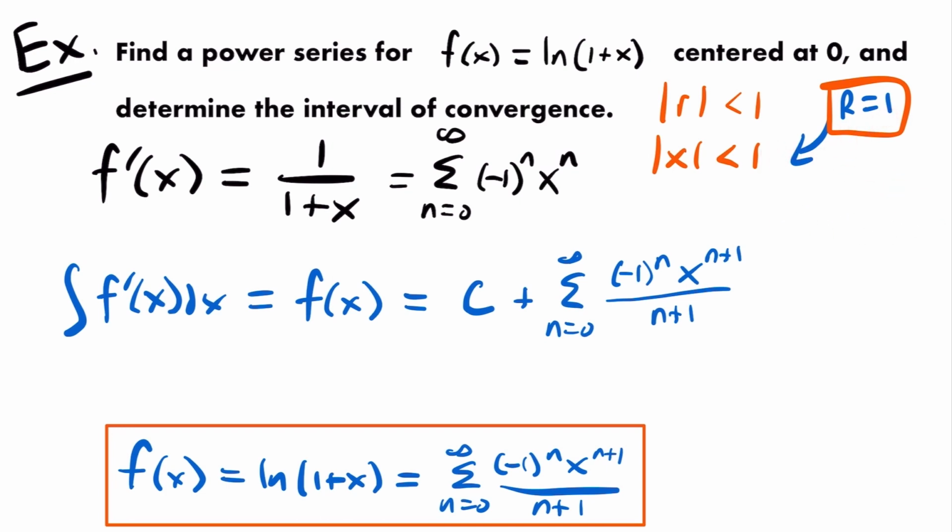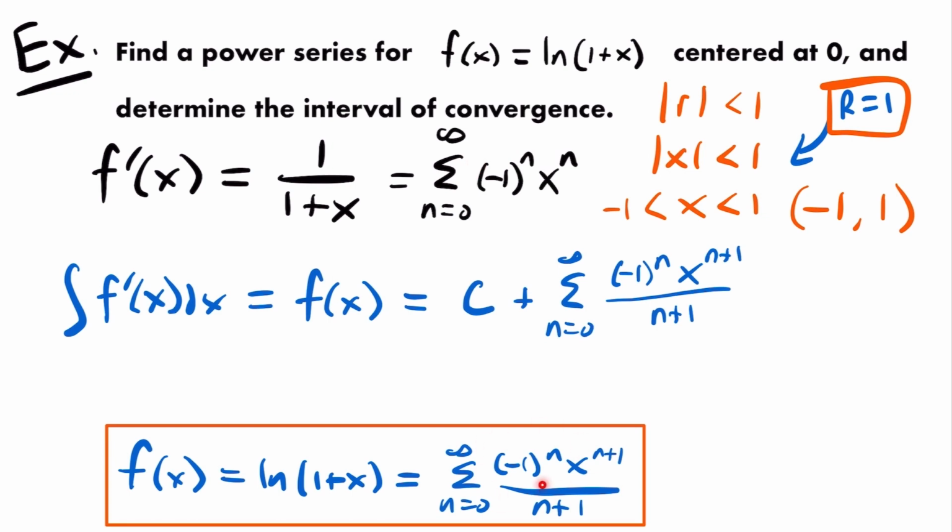Okay, and so that's one thing that this tells us, but it also tells us that when x is between 1 and negative 1, this power series converges. All right, so the interval of convergence for this power series is from negative 1 to positive 1. So that's our starting point. This is the interval of convergence for this power series, but remember, to find the power series that represents our function, we integrated this power series.